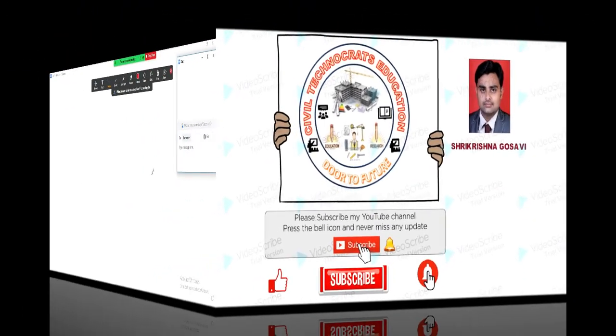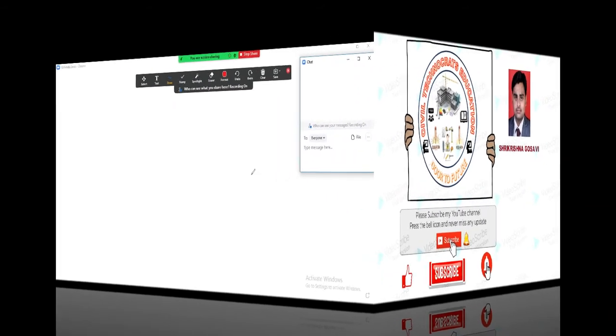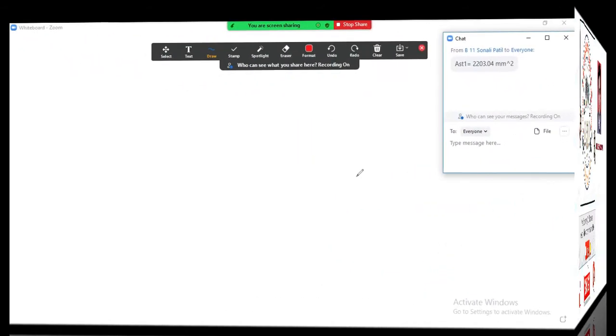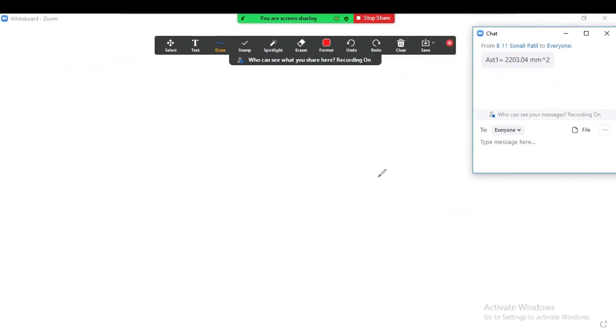What is the value of AST1, then the value of AST2, and total AST? AST1 is 2203.04. What is the value of AST2? 549.